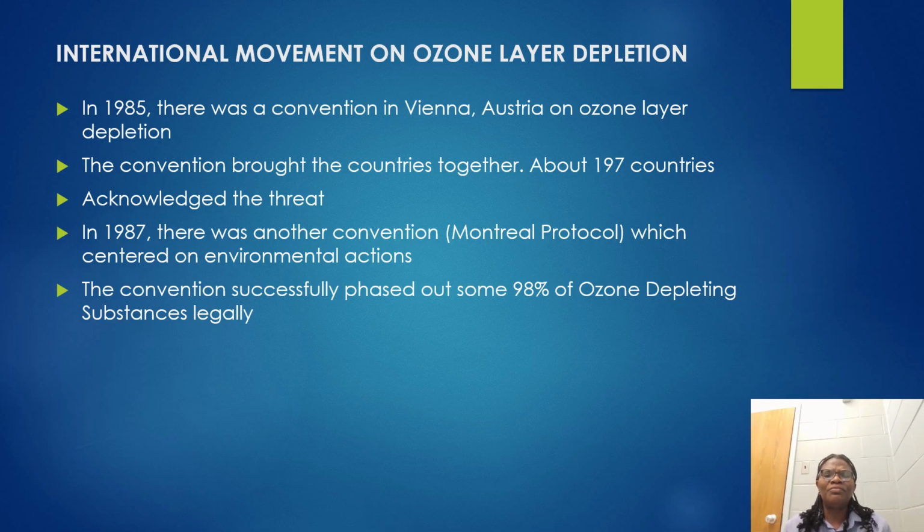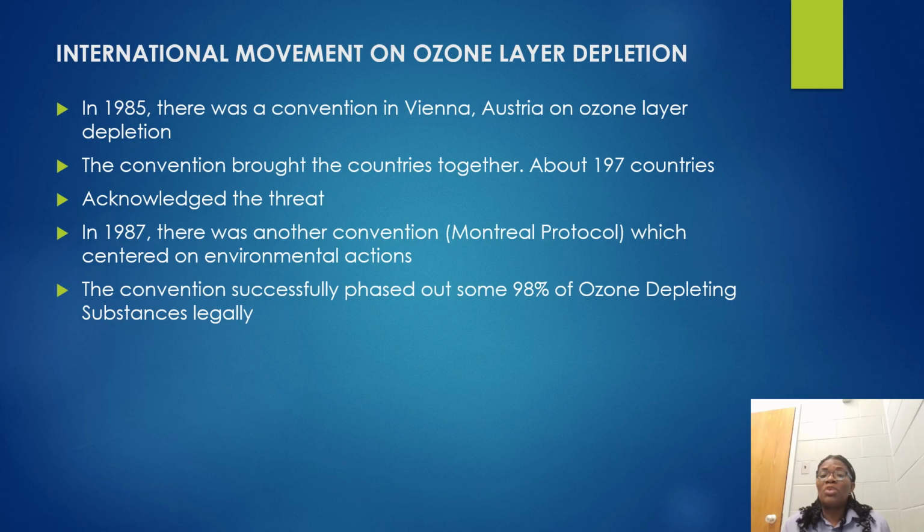Then in 1987, there was another convention. This convention was named the Montreal Protocol, and it was centered on environmental actions, that is, the actions that are supposed to be taken in order to find a solution to ozone layer depletion. The convention successfully phased out some 98% of ozone depleting substances legally.